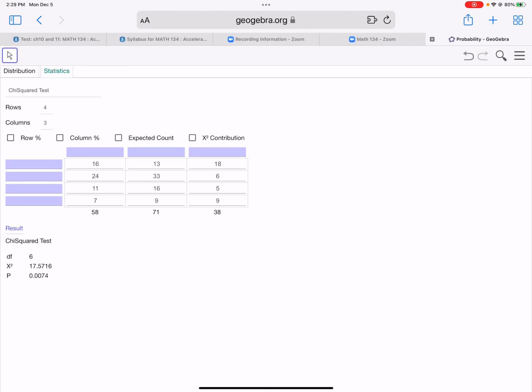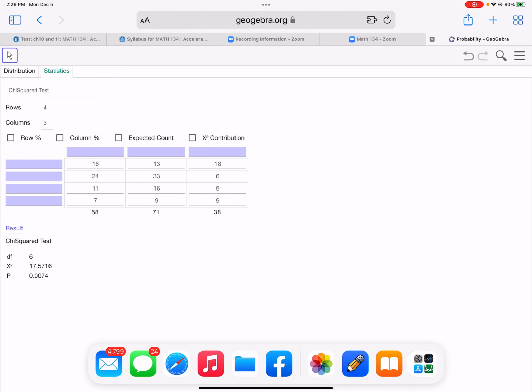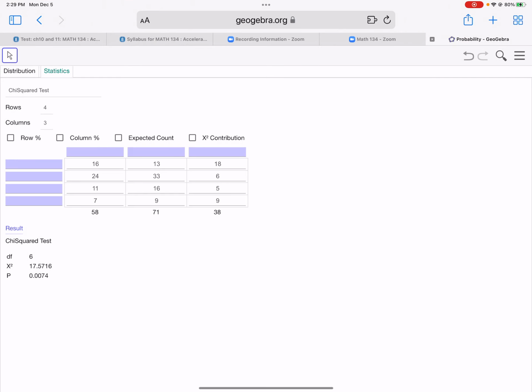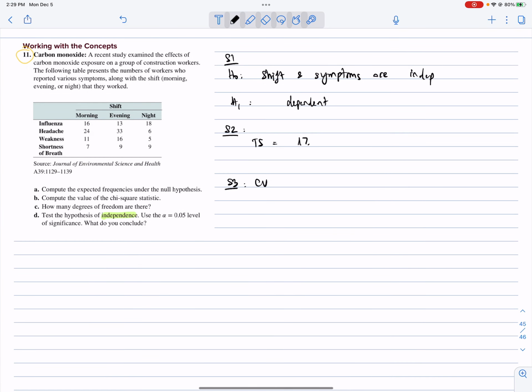Okay, so the degree of freedom is 6, and the chi-square is 17.57. That is the chi-square statistic, 17.57. The degree of freedom is 6.